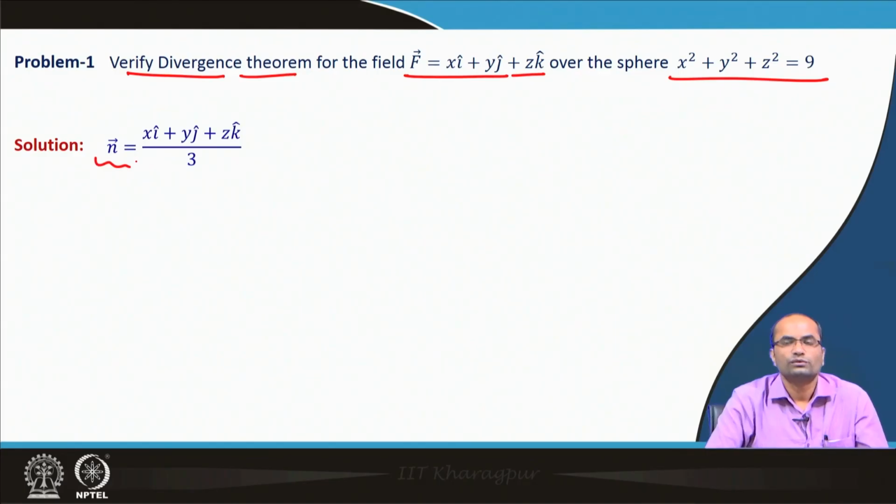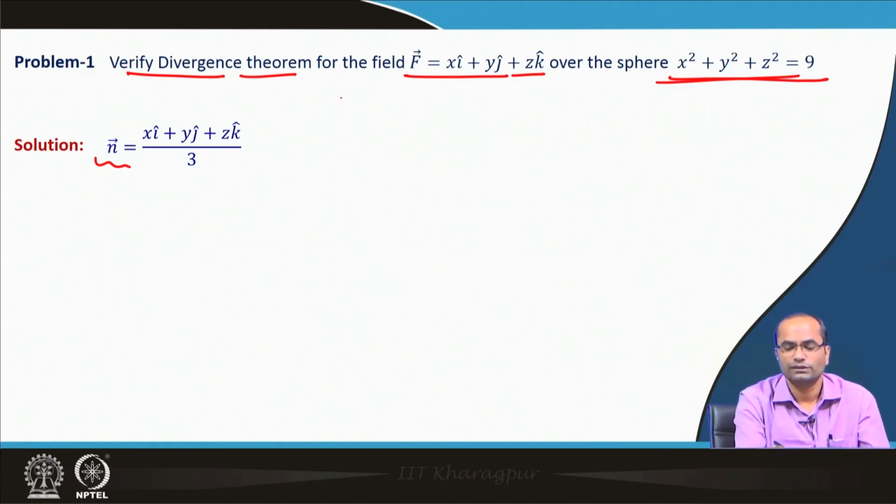So, for that we need to get the unit normal vector, because we need to compute f dot n. So, the unit normal vector on this sphere can easily be computed if we just get the gradient of this f. So, f is the given surface. If we compute this gradient, we have 2x with the i component, then we have 2y the j, and then 2z multiplied by the unit vector k.